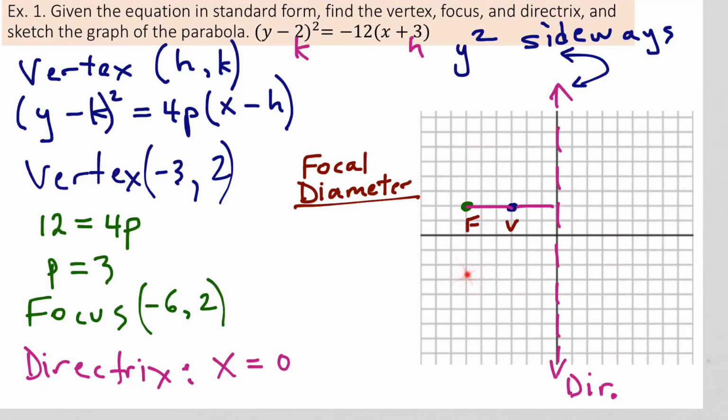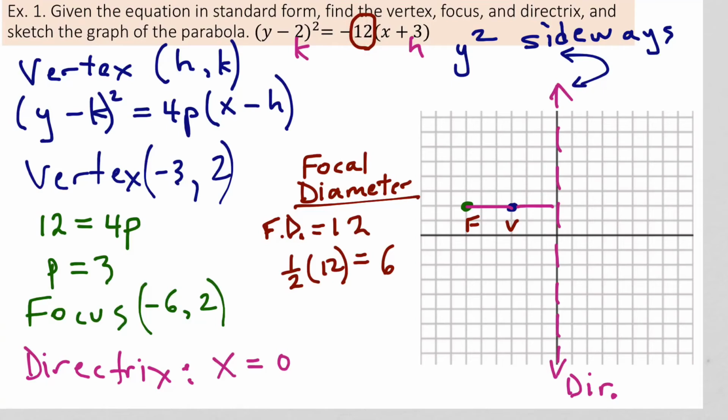And I know from my equation given that my focal distance, the length of my focal diameter, I should say, is equal to 12. So half of 12 is equal to 6. So let me just say FD for focal diameter. That's this number here, 12.